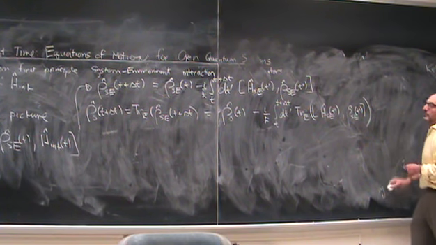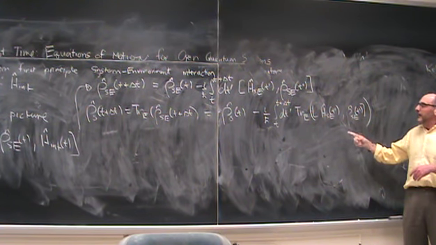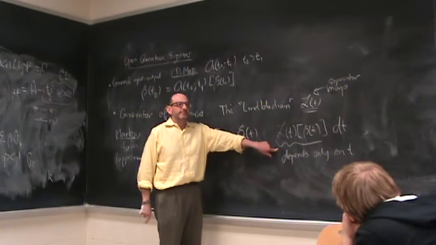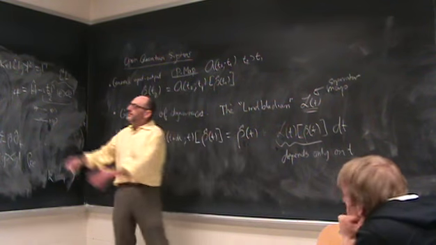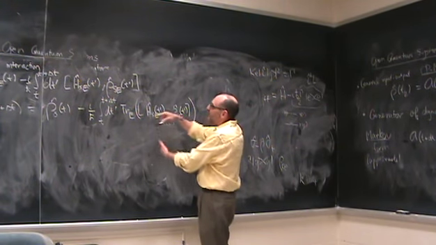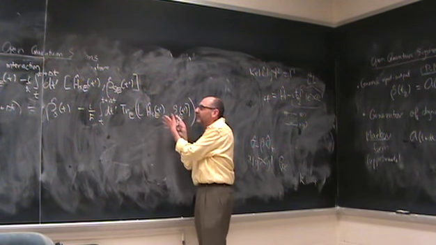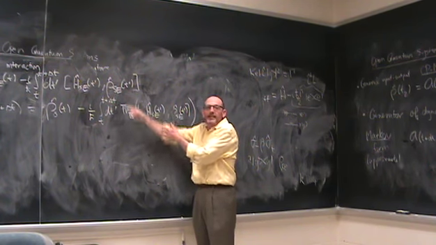So now there's a problem, because this is not of this form. This integral depends on the whole evolution between t and t plus dt, and not just on t alone, but everything within that history.